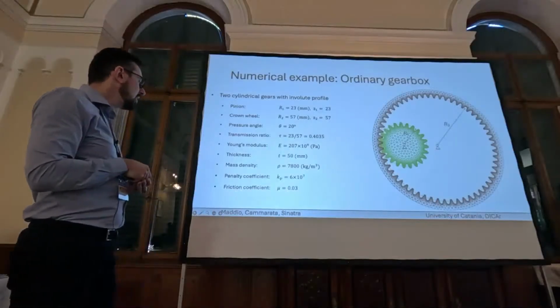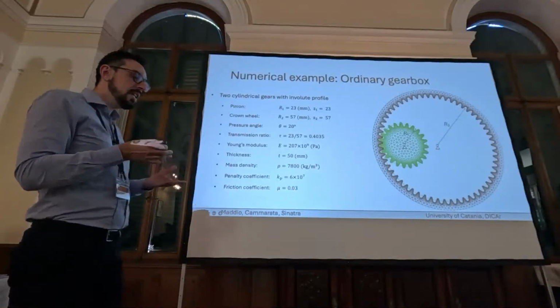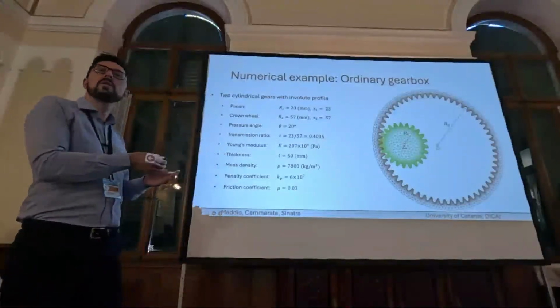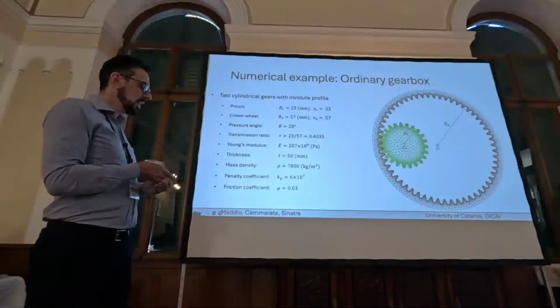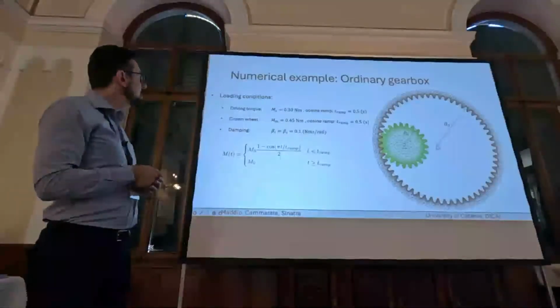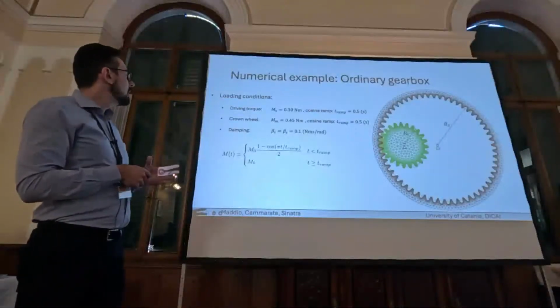And we adopt here the friction coefficient equal to 0.03, that in the literature is a good value for lubricated gears. Also, the loading condition we impose is the torques.